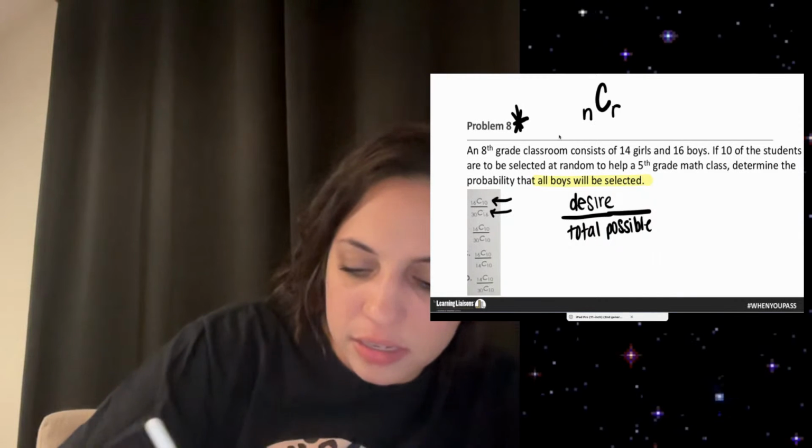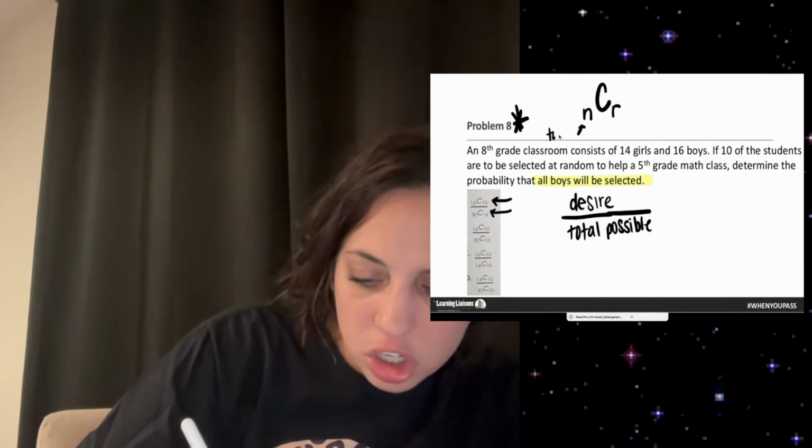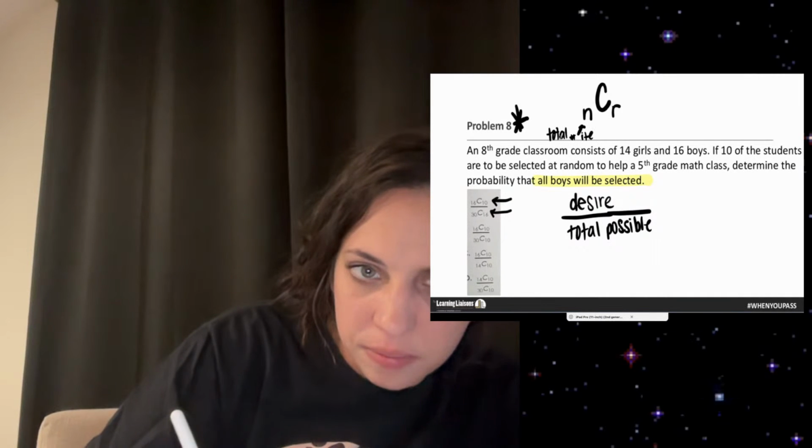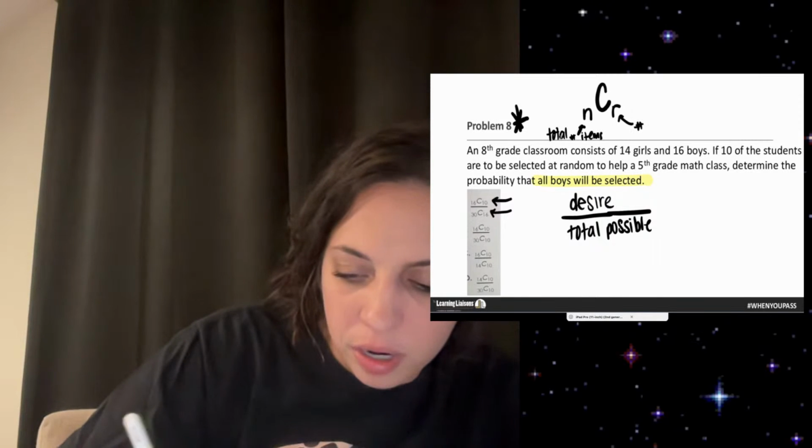And if we're looking at the combination formula, it says this, where N is the total number of items and R is the number of items chosen.